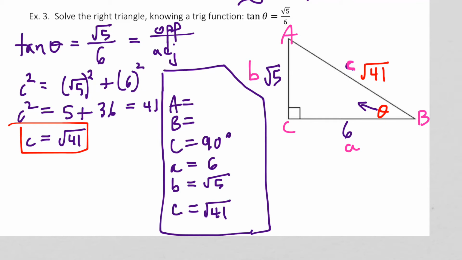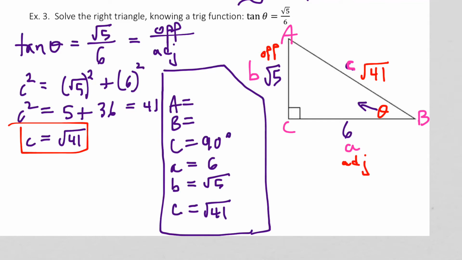All right, so now let's go ahead and find either angle A or angle B. Since we have that arrow drawn, let's go ahead and find angle B over here. So that means opposite is here and adjacent is here.